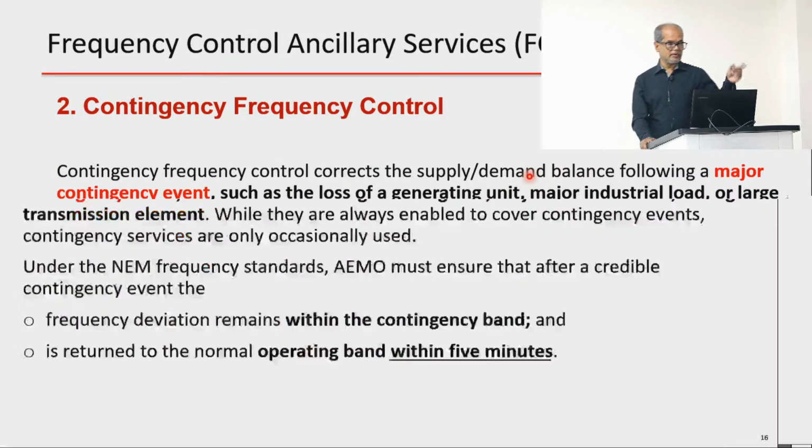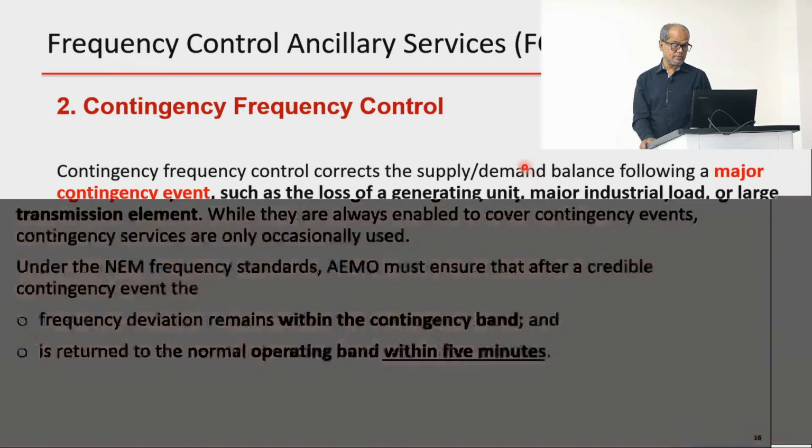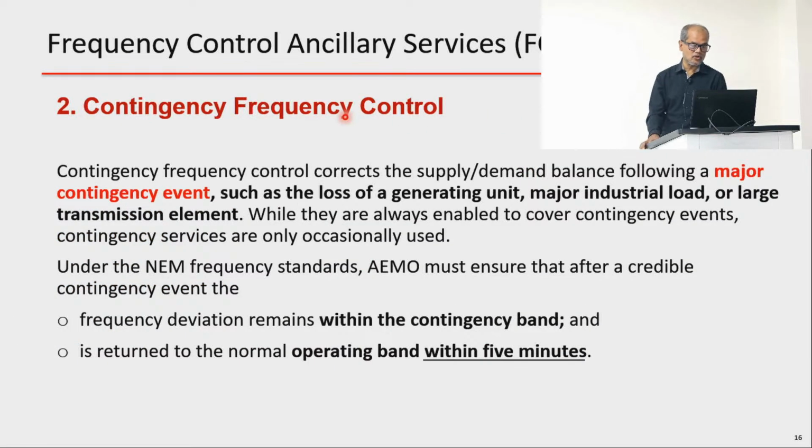So that's AGC, but the other one, as I showed in the previous slide, is contingency frequency control, which mainly corrects the supply-demand balance following a major contingency event, for example a loss of a generating unit, a major industrial load, or a large transmission event.